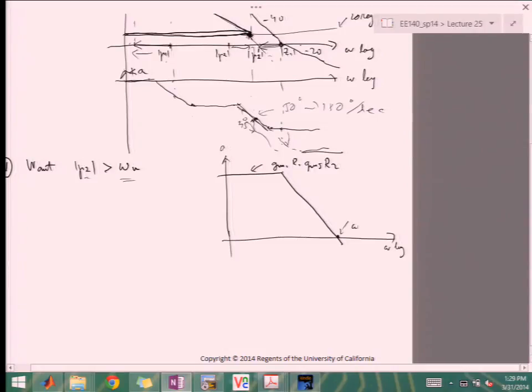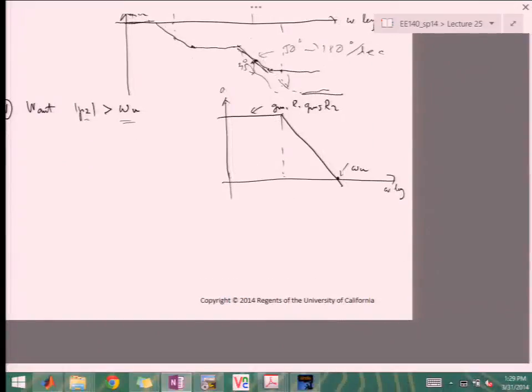This is omega unity, right? So this will be the compensated pole. This is not the original P1, but the compensated one, which was R1 Cc GM5 R2.